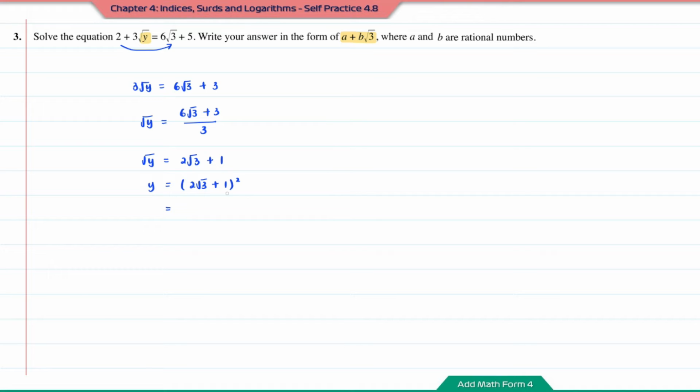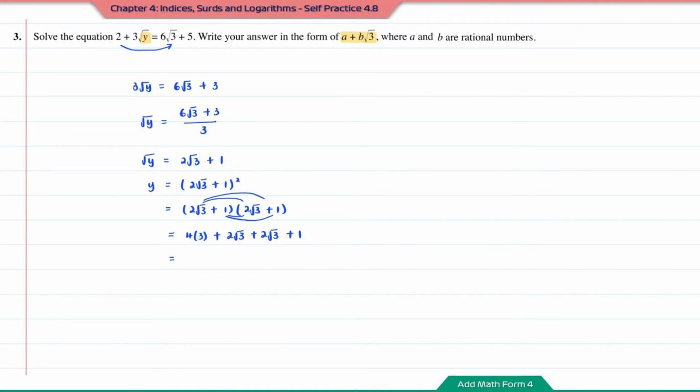This one you can do just like the normal expansion. If you do it slowly, the first part here, you're going to have 2 times 2 is 4, and √3 times √3 is going to be 3, plus 2√3 plus 2√3 plus 1.